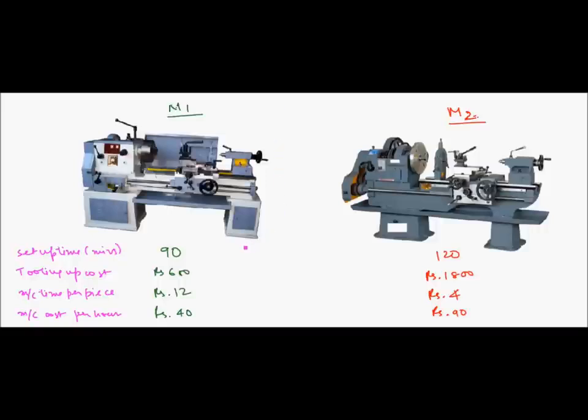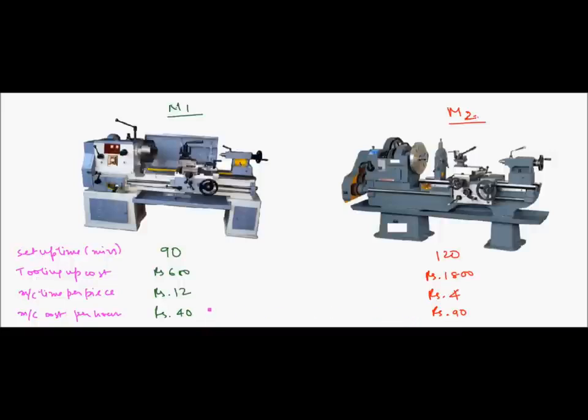So if we compare the two, basically M1 has a lower setup time as compared to M2. M1 has a lower tooling up cost as compared to M2. However, M1 has a higher machining time per piece as compared to M2. And also, M1 has a lower machine cost per hour as compared to M2.